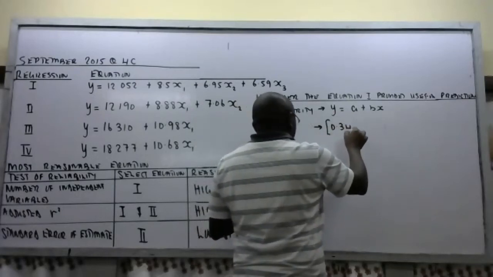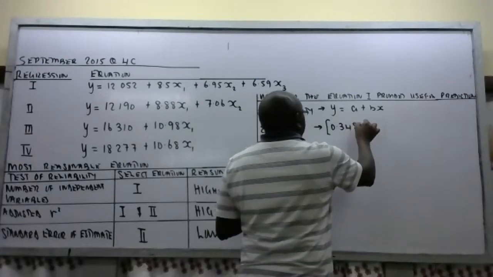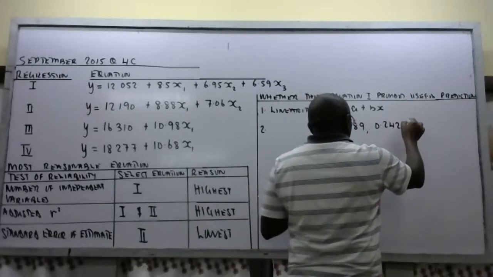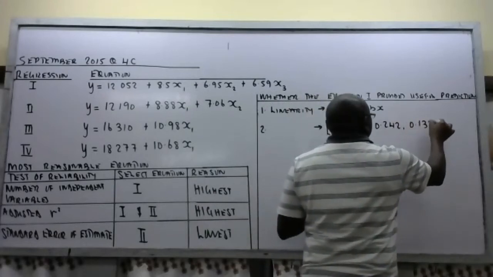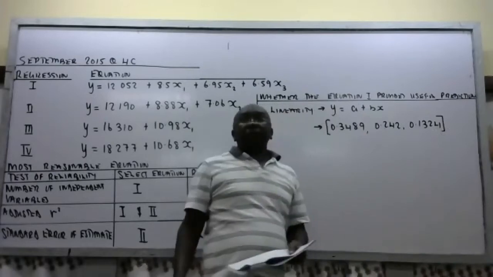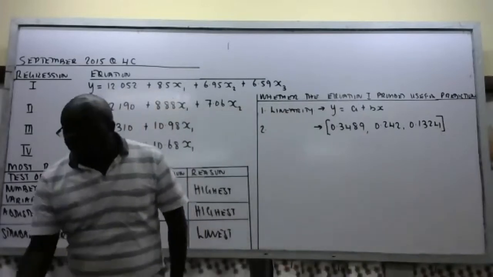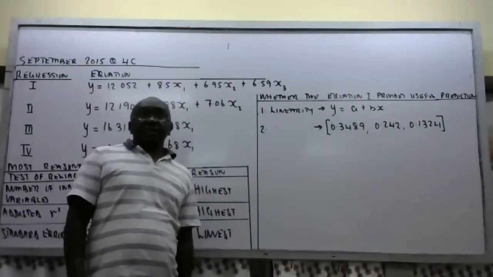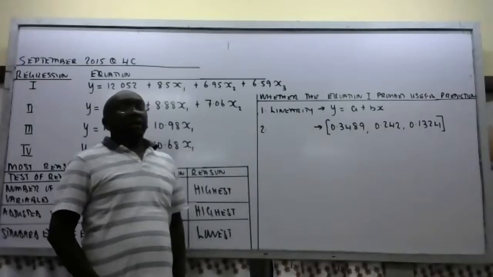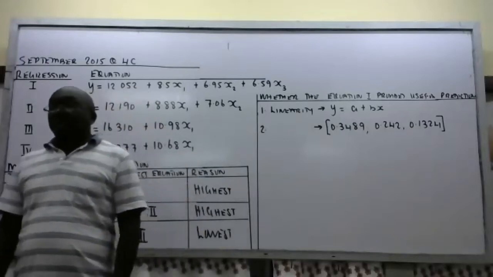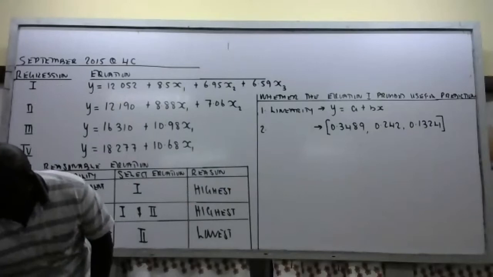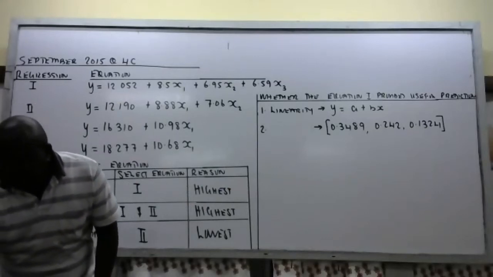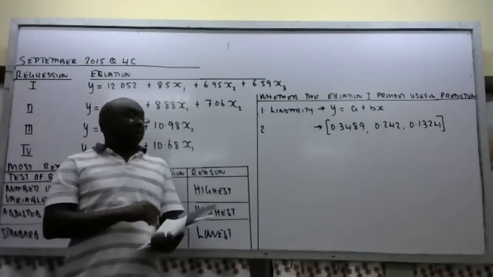We are talking of these 3, 4, 8, 9, 0.242, and 0.1324. None of those 3 is greater than 0.8.